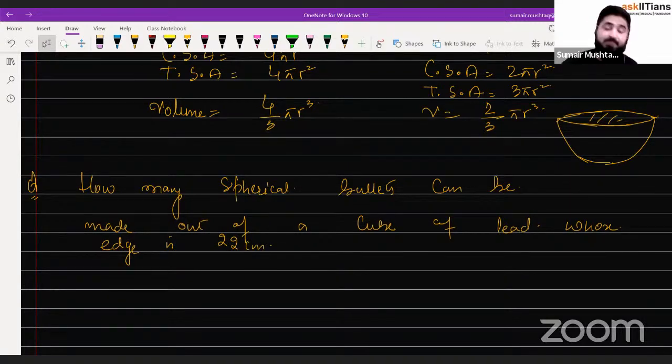What do you mean by edge? That means the length of one of the sides is 22 centimeter. Since in a cube each side is equal, we can find the volume. Whatever we have to find, we can do it. Okay.